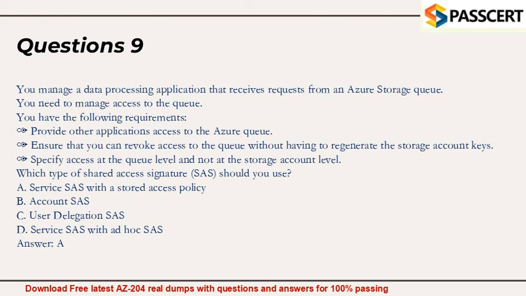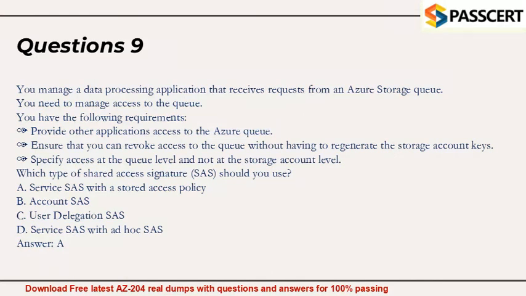Question 9. You manage a data processing application that receives requests from an Azure storage queue. You need to manage access to the queue. You have the following requirements. Provide other applications access to the Azure queue. Ensure that you can revoke access to the queue without having to regenerate the storage account keys.